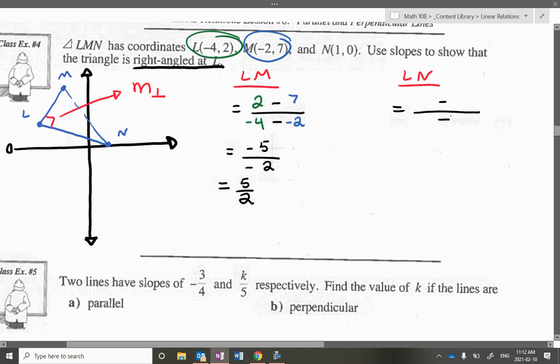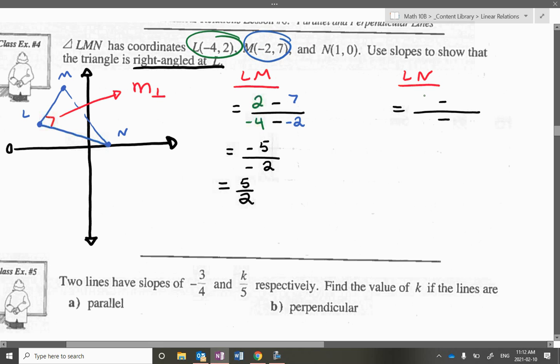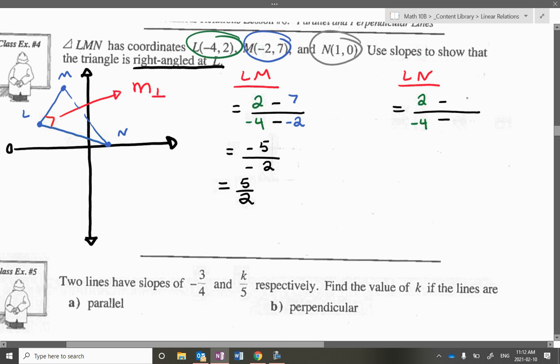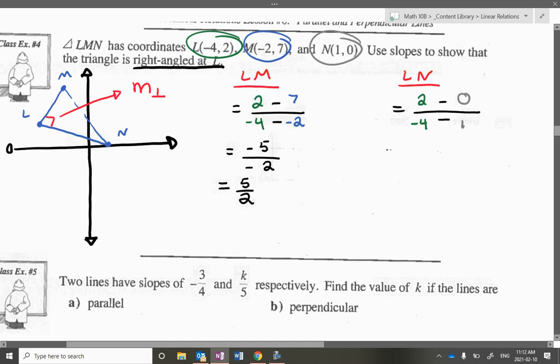So for our second line, we're using L and N. So L, my y is 2 and -4. But now I'm going to use a different coordinate. So I'm going to go 0 and 1. Two minus 0 is 2. -4 minus 1 is -5.